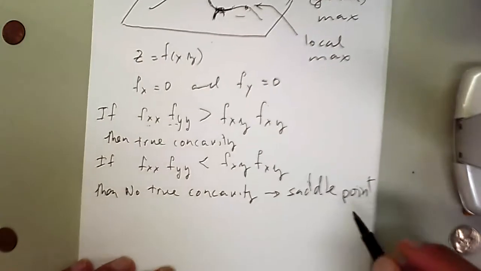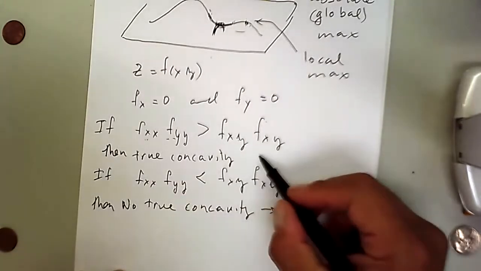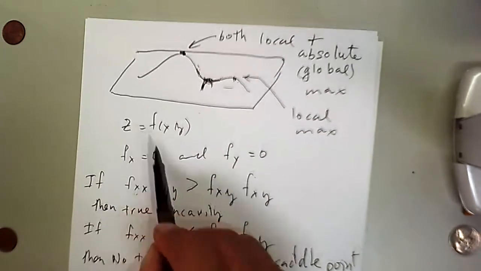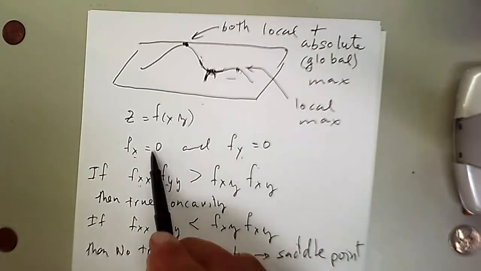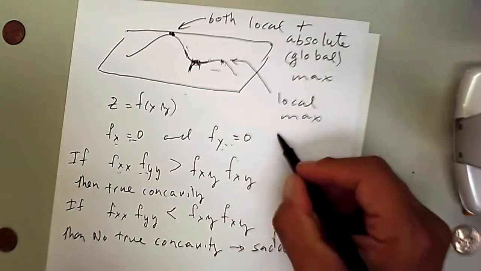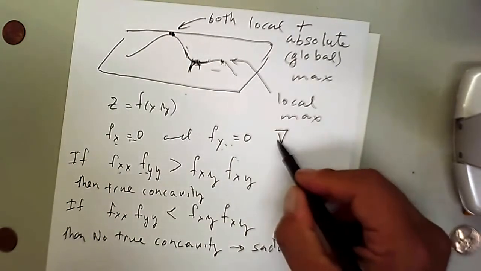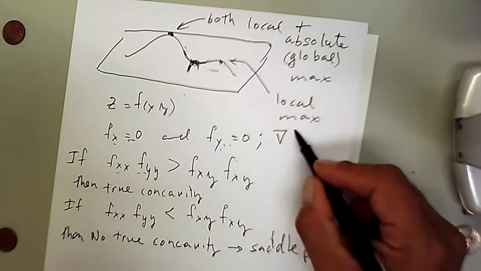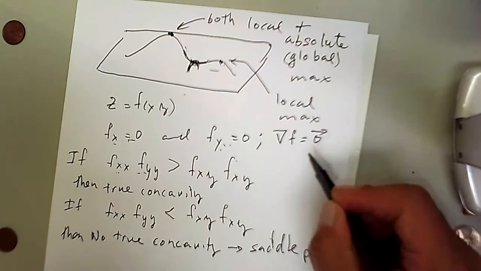Here we will have either a maximum or minimum after, though, establishing that the first partial derivatives are equal to 0. By the way, another way to say this is to say that the gradient of the function is equal to the 0 vector.